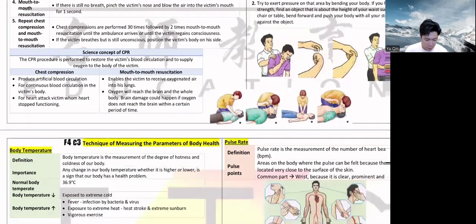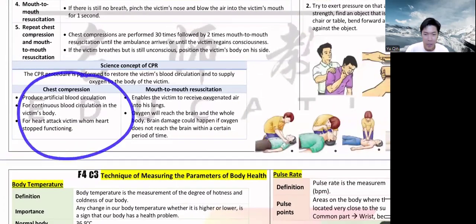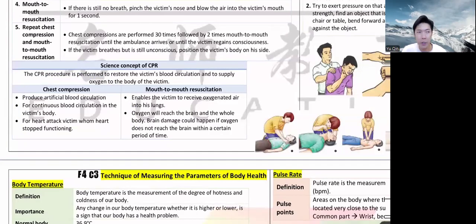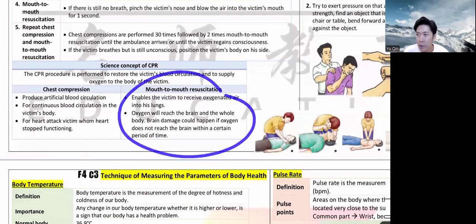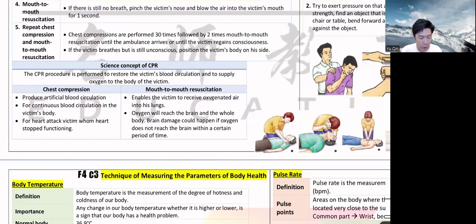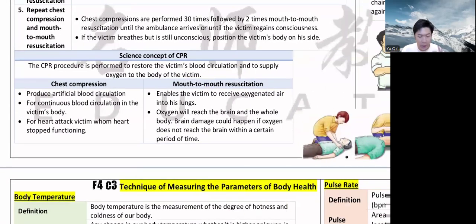Number 1, blood circulation, and number 2, oxygen in the body. These are more important to understand. When someone does not have a heartbeat and does not breathe, these are the 2 things you want to restore.